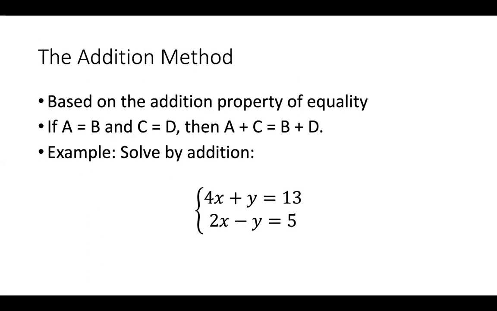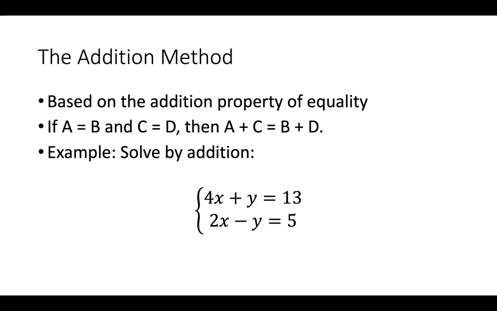All right, so the addition method is based on the addition property of equality. The idea is that if you have one equation that says A equals B, one expression equals another expression, and you also have C equals D, then you can add C to the left side and D to the right side because C and D are equal.